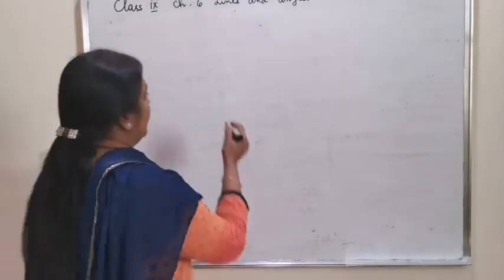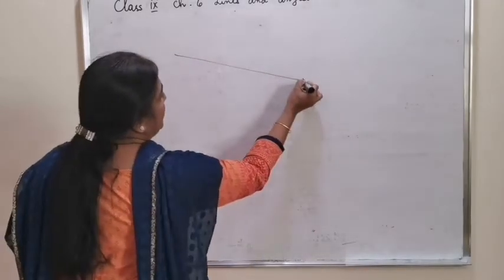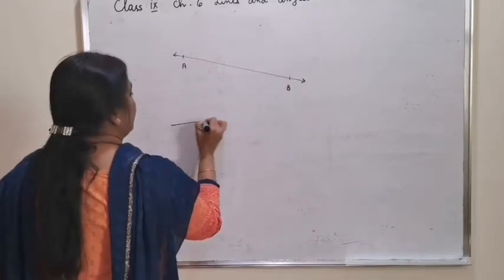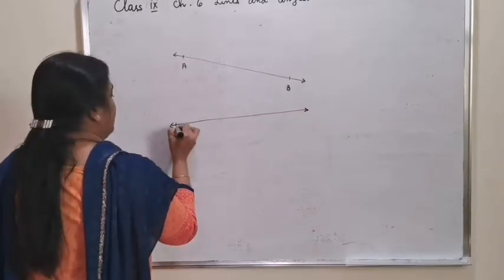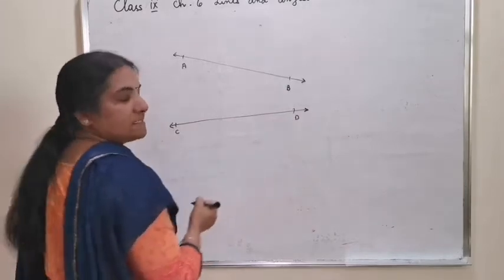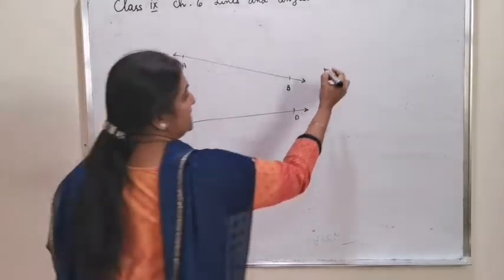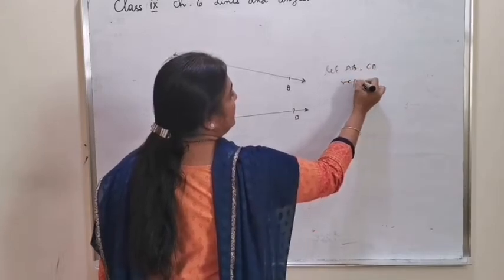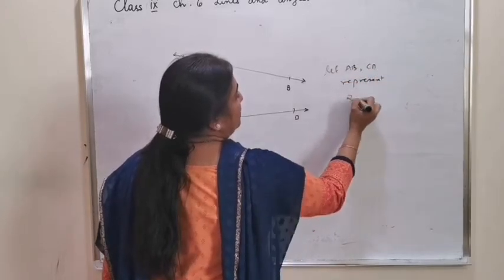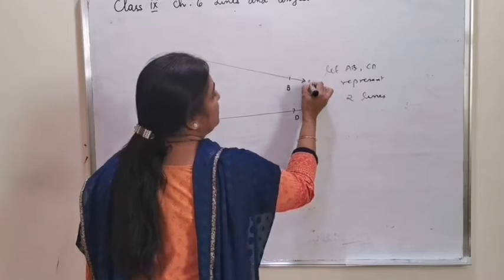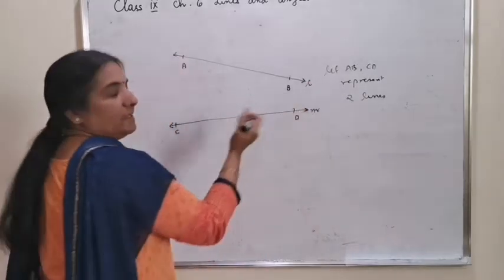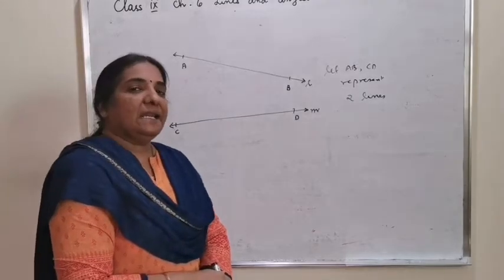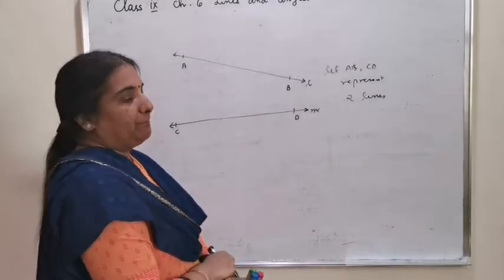That means if AB and CD represent any two lines, let AB and CD represent two lines. They may also be called L and M. If you avoid the letters AB, they can also be represented as line L and line M.